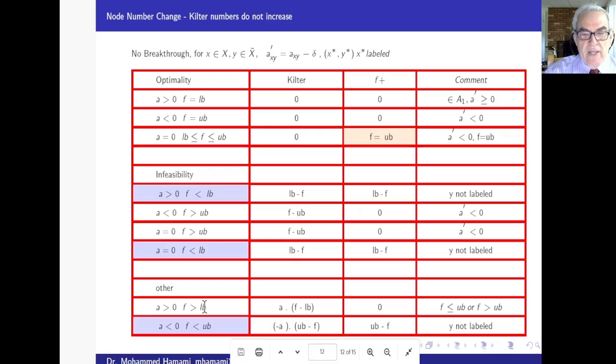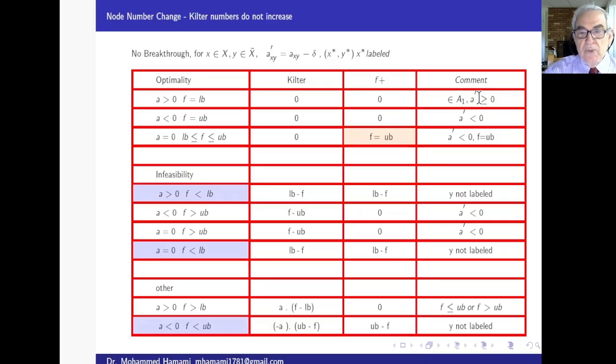So how about this case here? A positive and F bigger than LB. Well, there are two cases in this. F is either less or equal to UB or F bigger than UB. If F is less or equal to UB and A is positive, that means this arc belongs to A1.